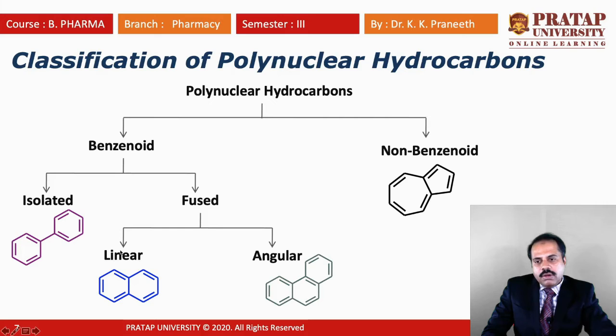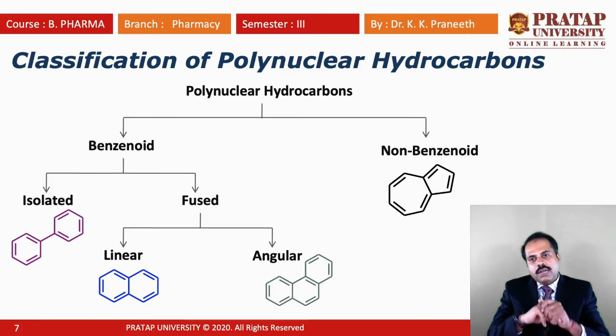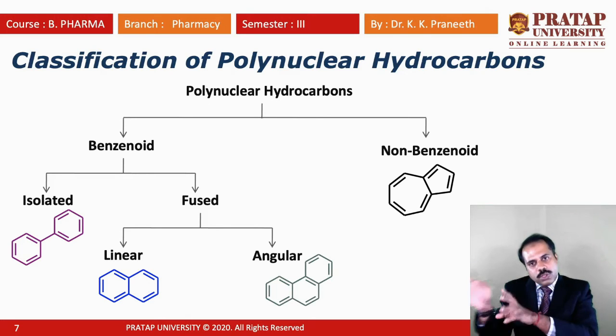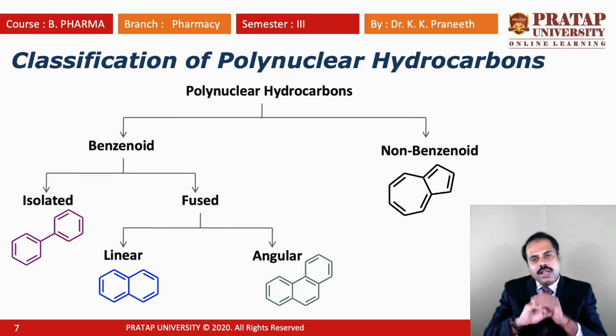An example of linear fused benzenoid polynuclear hydrocarbon is naphthalene, and an example of angular fused benzenoid polynuclear hydrocarbon is anthracene. So, this is how the polynuclear hydrocarbons are mainly classified, into 2 types, benzenoid and non-benzenoid. Under benzenoid we have isolated and fused, and under fused we have linear and then angular.